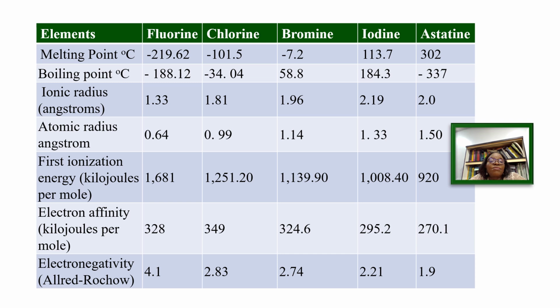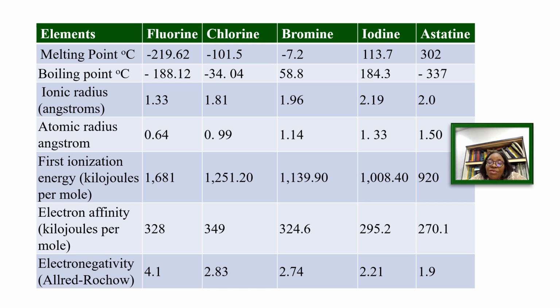The properties of the group 17 elements continue with their melting point, boiling point, atomic radius, ionic radius, ionization energy, electron affinity, and electronegativity.